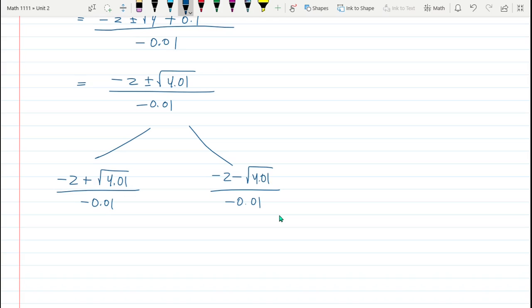So those are my two values of x at which it touches the ground, theoretically. So let's go ahead and do this. Put it in the calculator as best you can and compare your answer to mine and see if you did it correct.